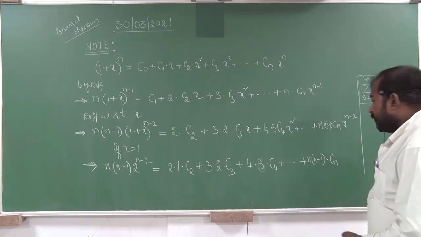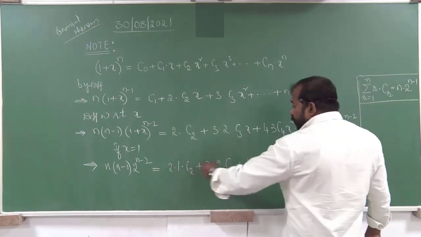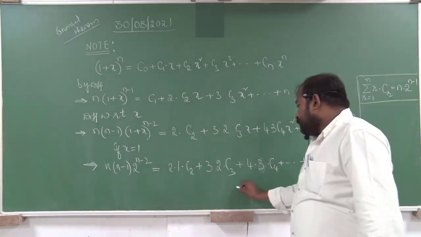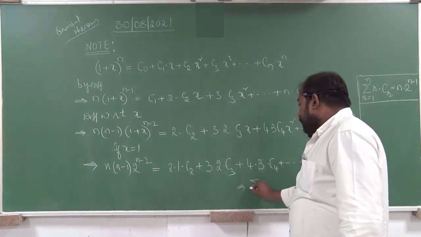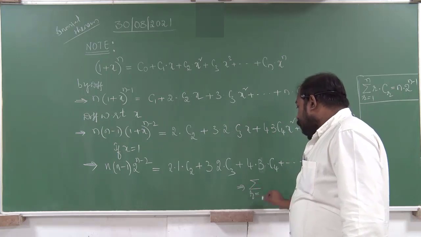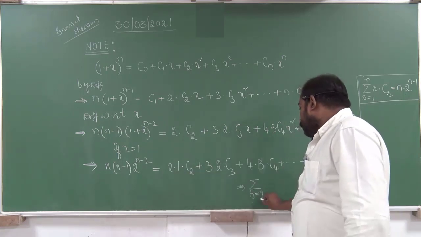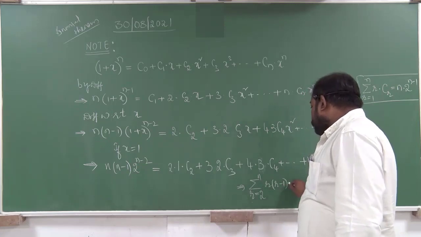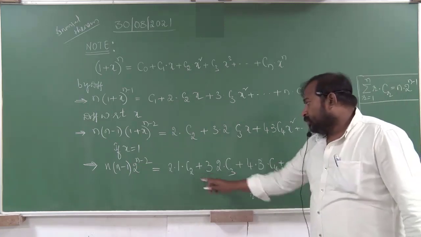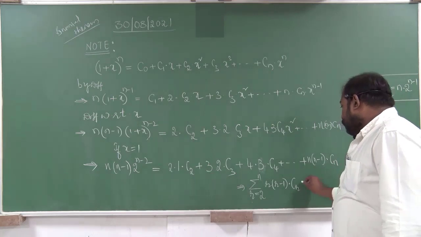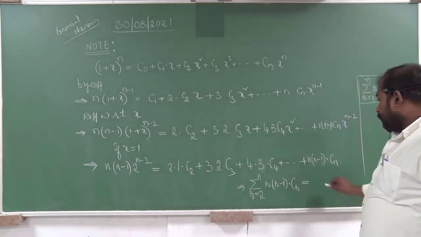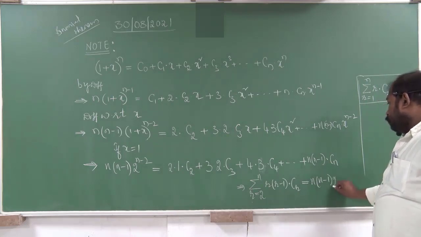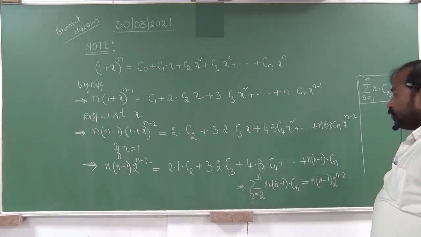Now once again, how can I express this whole value with the help of sigma notation? That implies sigma r = 2 to n of r(r-1) Cr equals n(n-1) 2^(n-2).